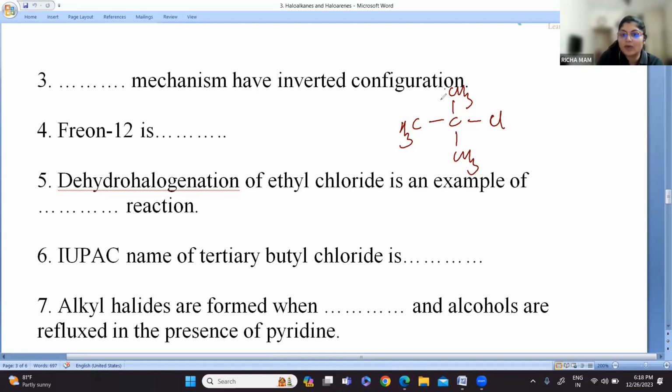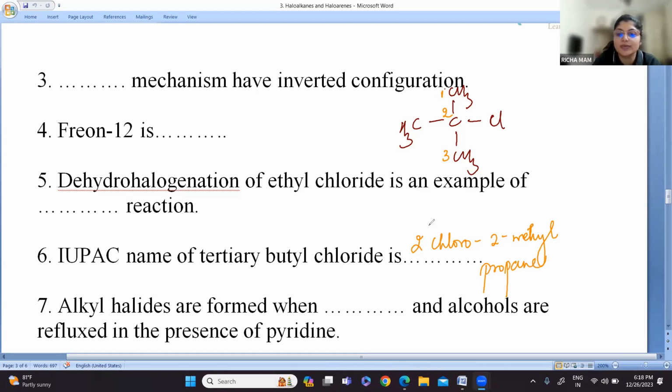IUPAC is very important. If I give the numbering like this, 1, 2, and 3, what will it be? 2 chloro, 2 methyl propane. Yes, Netravati has answered it right.